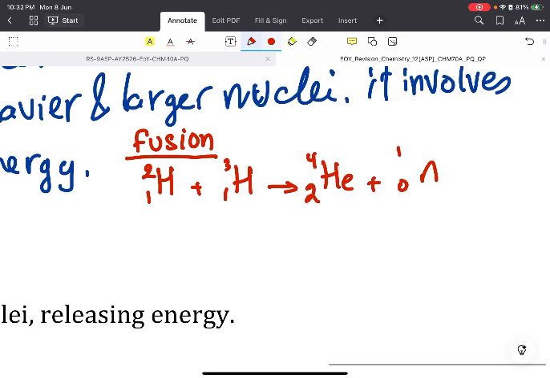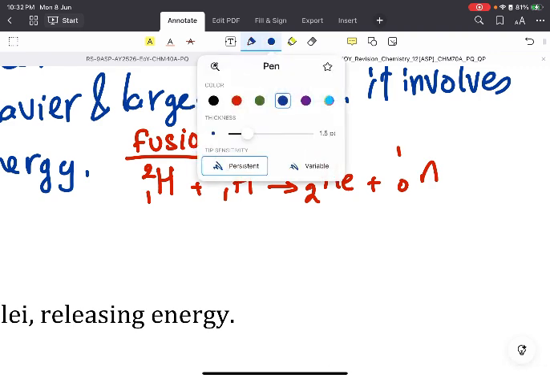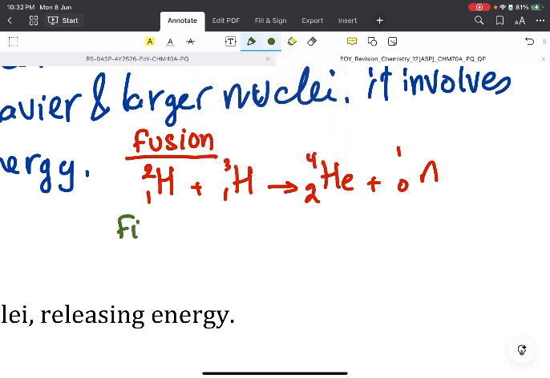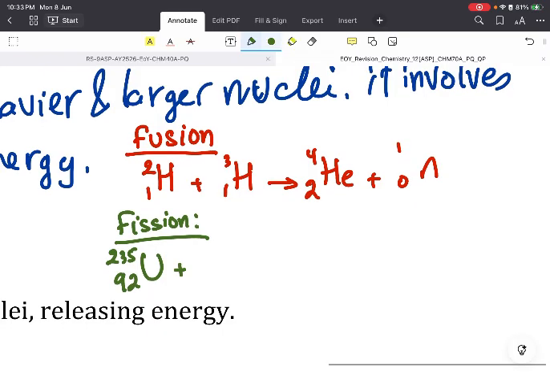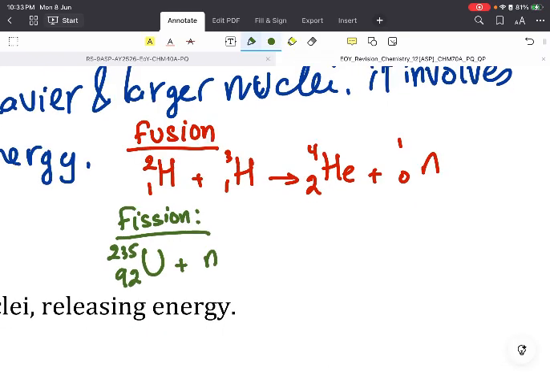Now, for the fission, an example could be uranium-235, whose atomic number is 92. Usually for fission to happen, we need to bombard the atom with a particle. So let's say we hit it with a neutron, and it turns into 236, which is unstable.